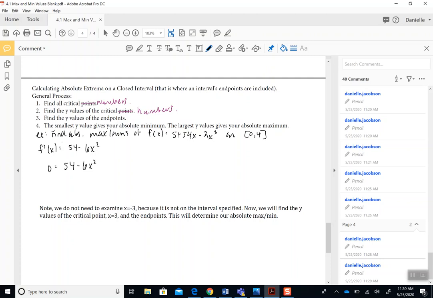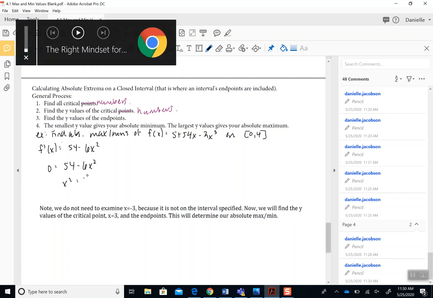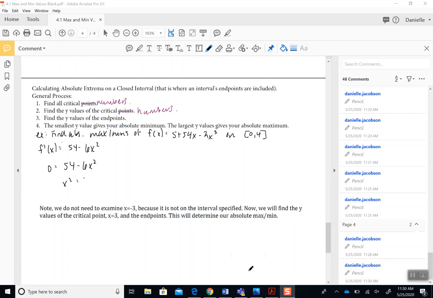To solve for x, I'm going to subtract the 54 and divide by negative 6, which gets us to x squared equals 9. Taking the square root of both sides, we have x equals plus or minus 3.